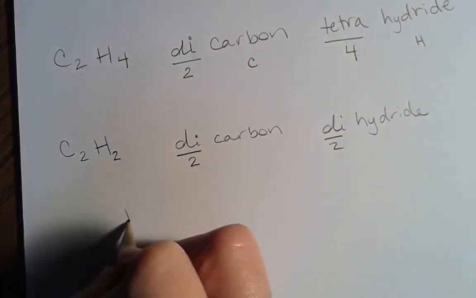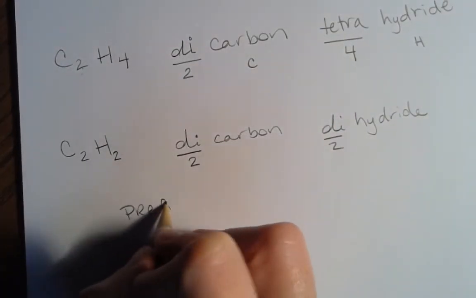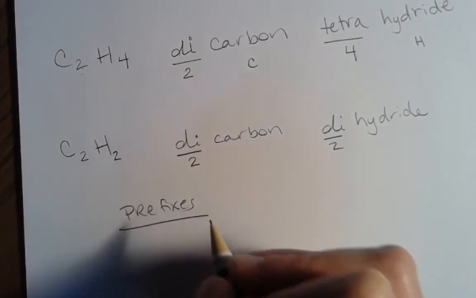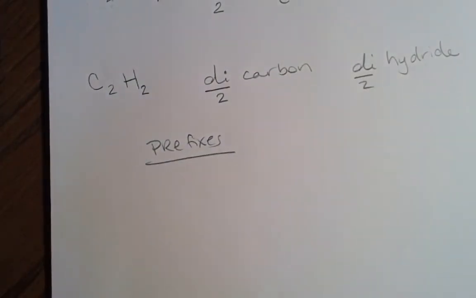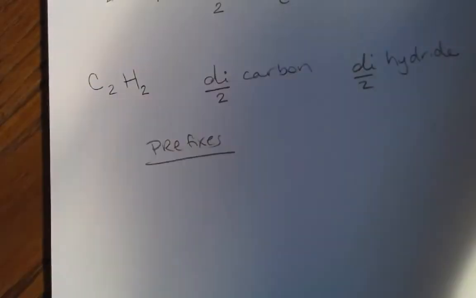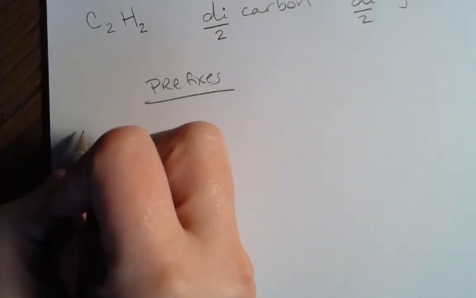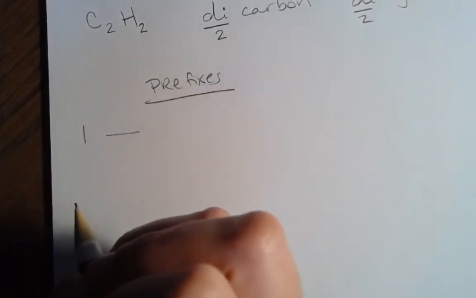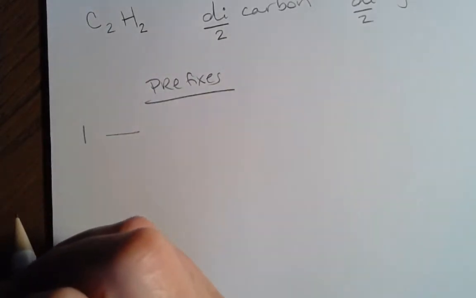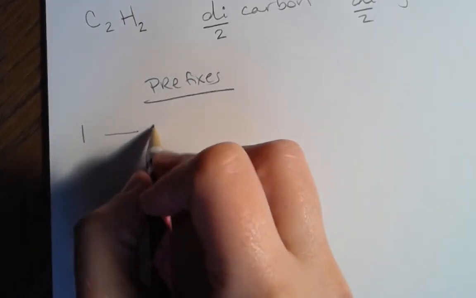Okay, so prefixes, we'll go through 8, just like our charges and our ionic bonds. Prefix for 1, the way to remember this one is the scary toxic gas, carbon monoxide.